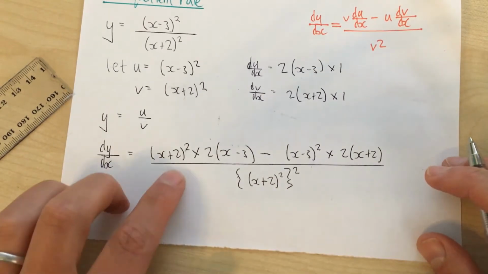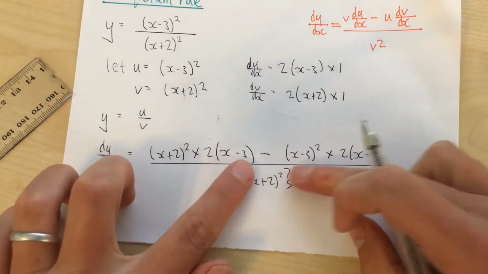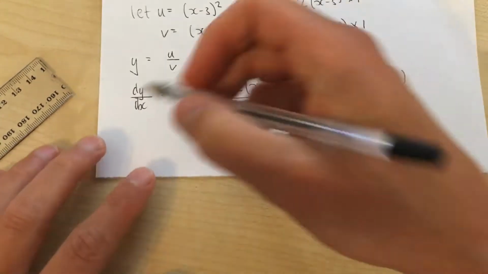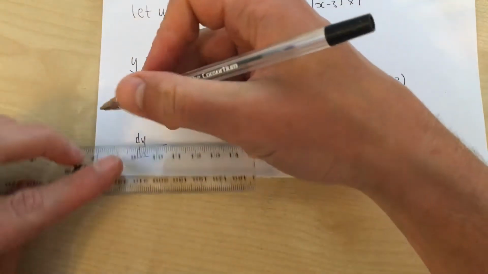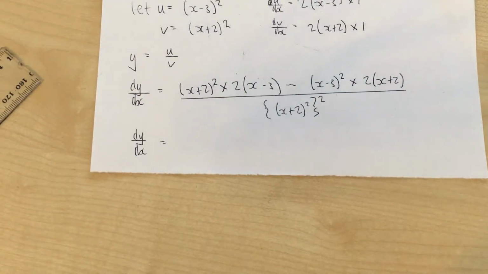So to tidy this up, we look for common factors of these two halves that we've got here of the expression on the numerator. So I'll write dy by dx on the left hand side. I'm looking for common factors.